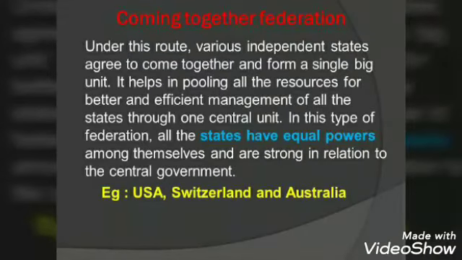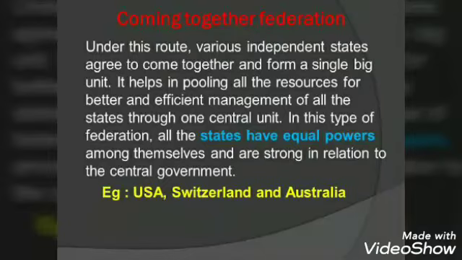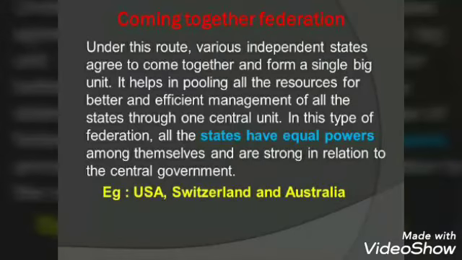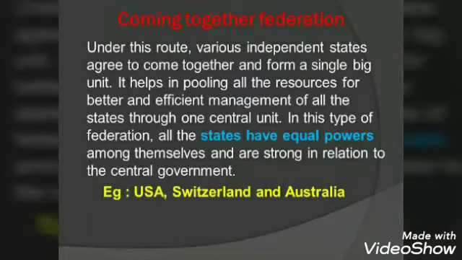And the countries which have formed the coming together federation are USA, Switzerland and Australia. In this kind of federation, all the constituent units, or you can say all the constituent states, usually have equal powers and there is a strong federal government.